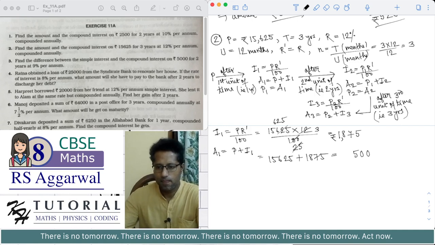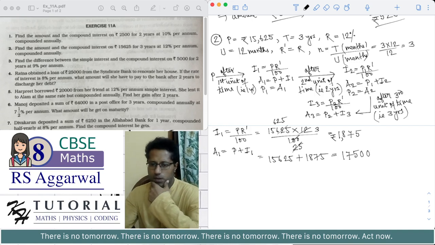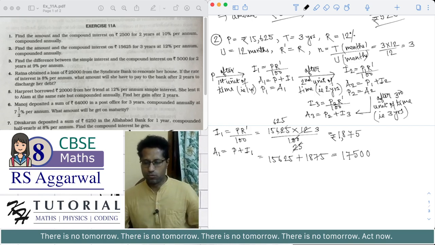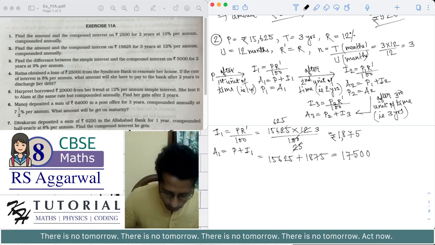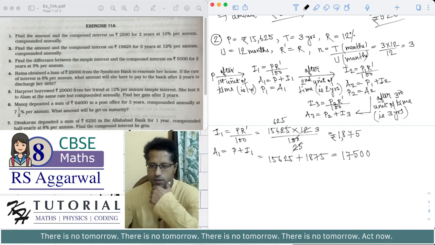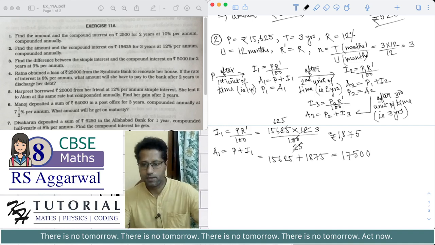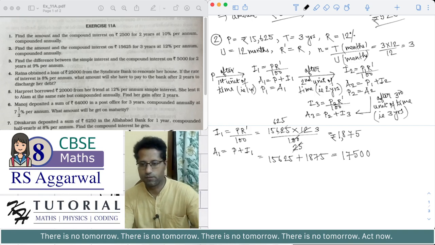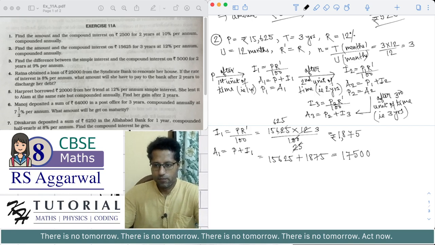I will use the calculator to do the computation to save time. 15625 plus 1875 is equal to 17500. So A1 is this.